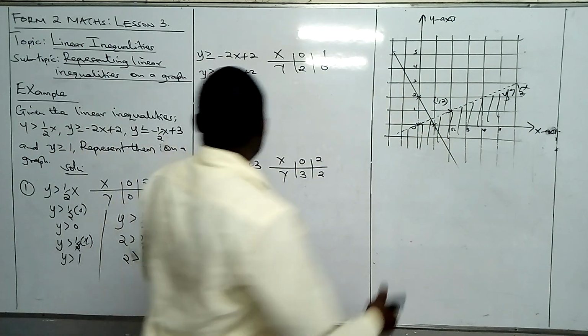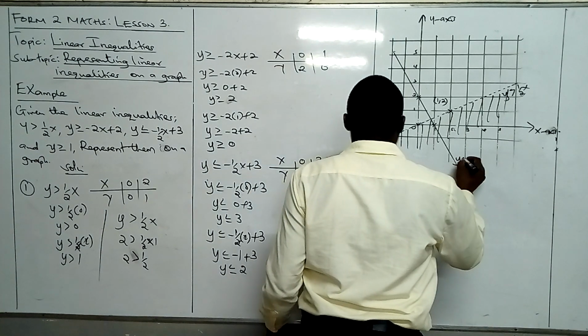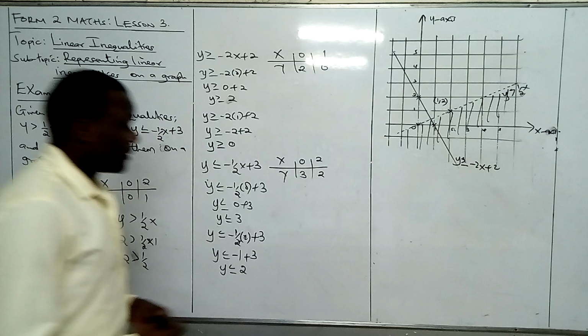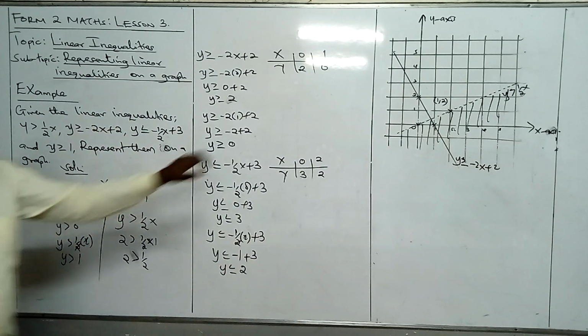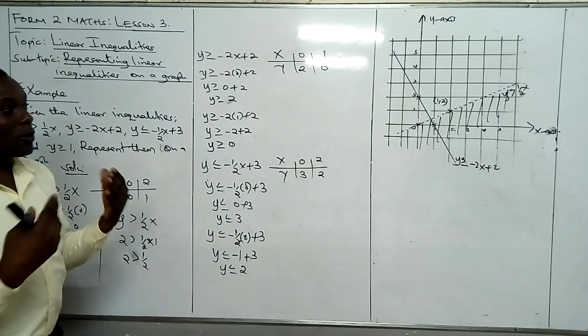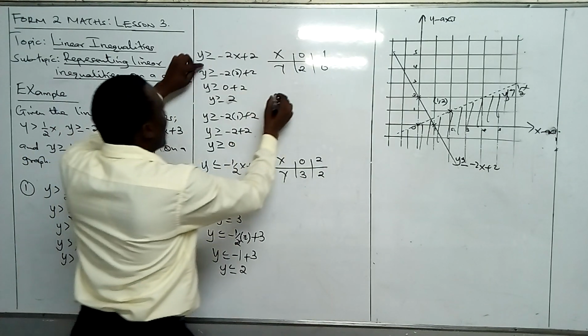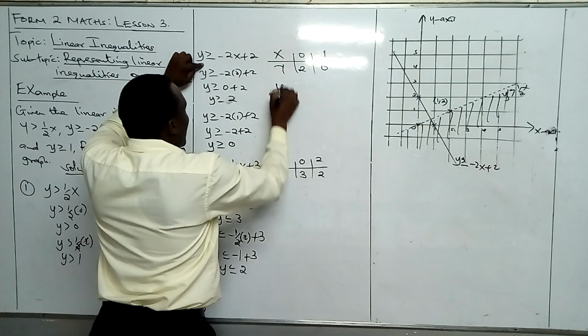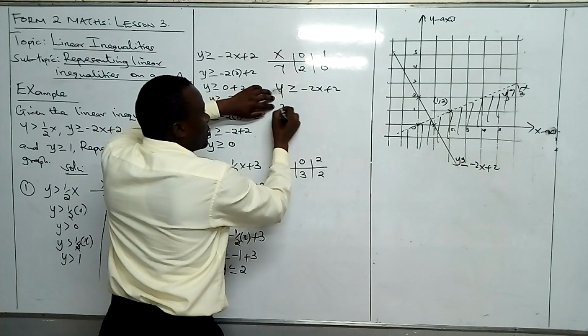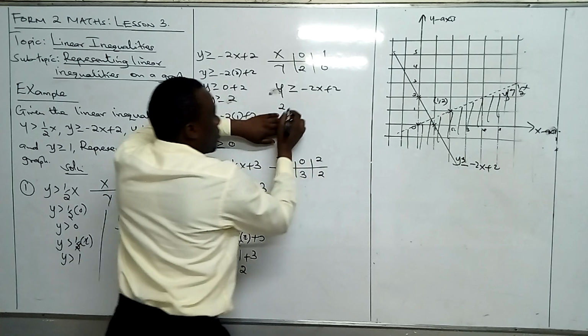Now, once we are done, we label that y greater than or equal to minus 2x plus 2. Then we will use this same point to prove the side that is required to be shaded. Our y in that case is 2, x is 1.